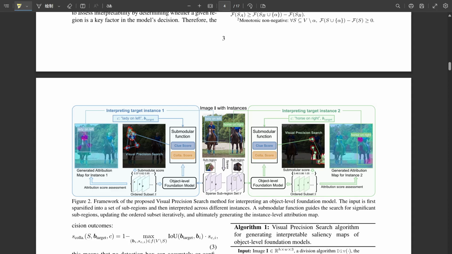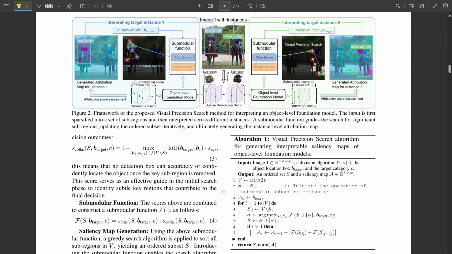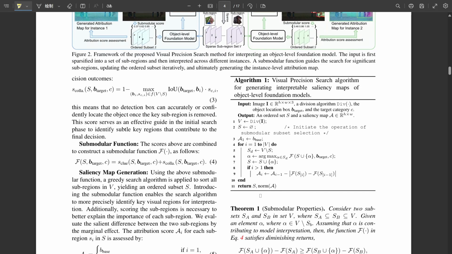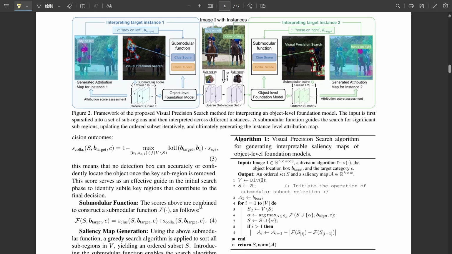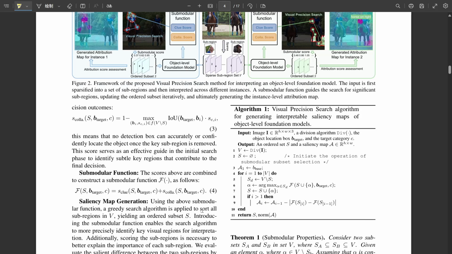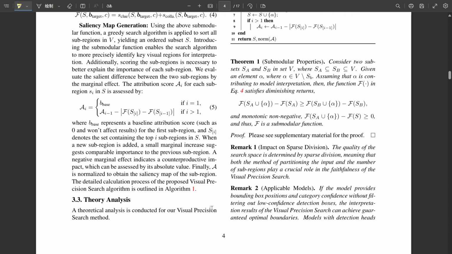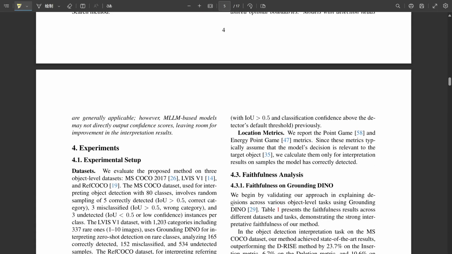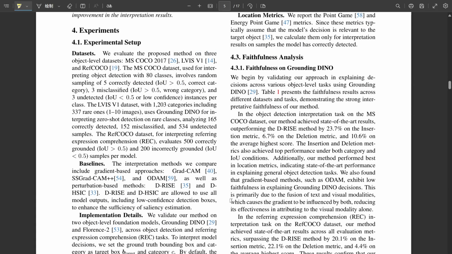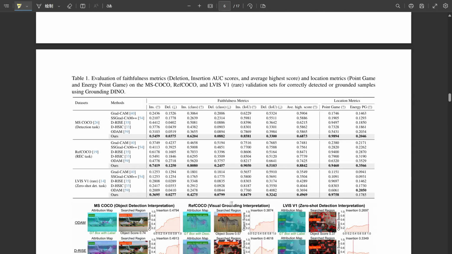This property, where the marginal gain from adding an element tends to decrease as your set grows, is called diminishing returns. Okay, diminishing returns. Like adding different tools to a toolbox, the first few tools, maybe a hammer, a screwdriver, they add huge capability. But adding a 10th or 11th specialized wrench might only be useful for very specific, less frequent tasks. It adds less new overall capability than the first tools did.